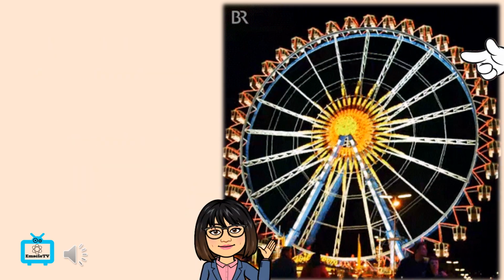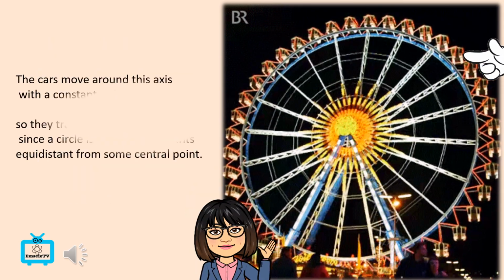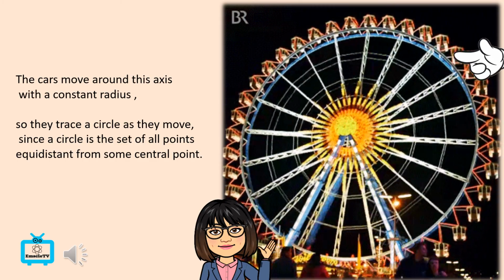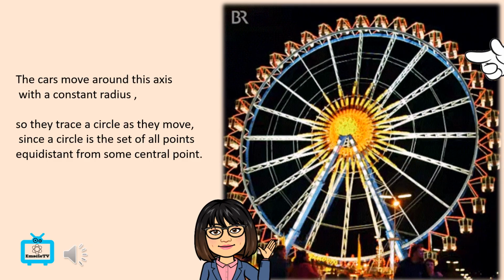The cars move around the axis with a constant radius, so they trace a circle as they move, since a circle is the set of all points equidistant from some central point.